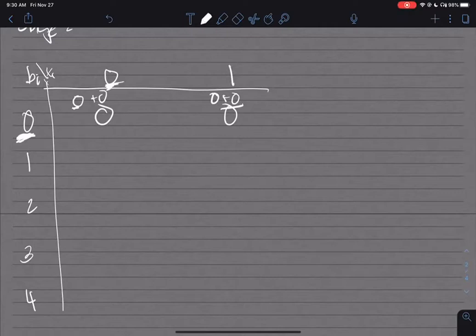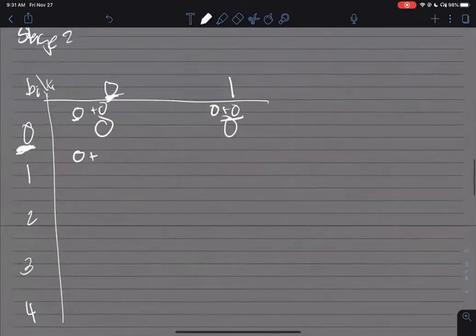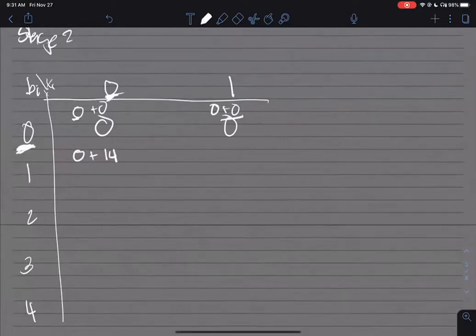Yes, I will get a reward of 0. However, that means I still have 1 unit weight available for item 3. If I have 1 unit left available for item 3, the best option for me is to bring 1 more unit of item 3 and get a reward of 14. So here in this table, this becomes a 14. 0 plus 14 is a 14.